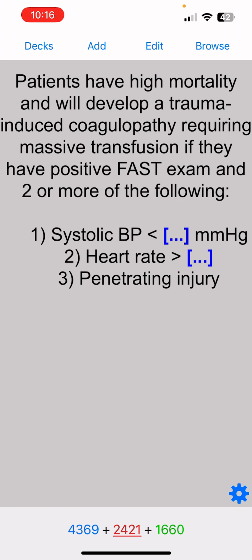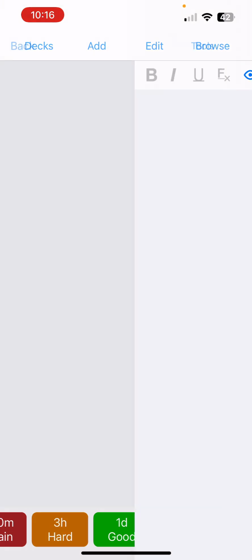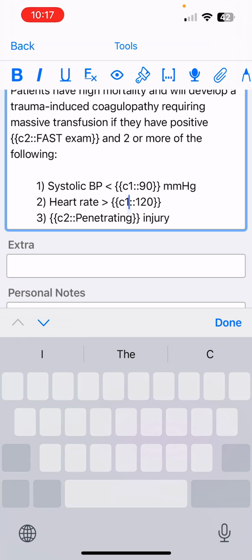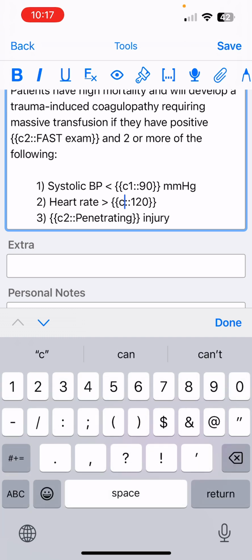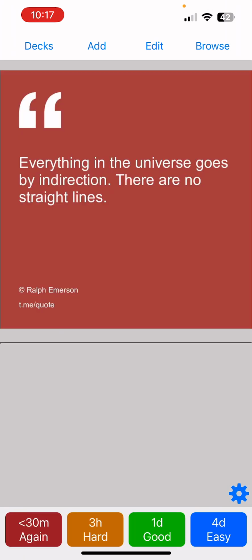Patients have high mortality and will develop a trauma-induced coagulopathy requiring massive transfusion if they have a positive FAST exam and two of the following: a systolic blood pressure less than 90, a heart rate greater than 100, or penetrating trauma. Honestly, it's the first time I'm seeing this card, so hopefully the next time I see it, I know the answer.